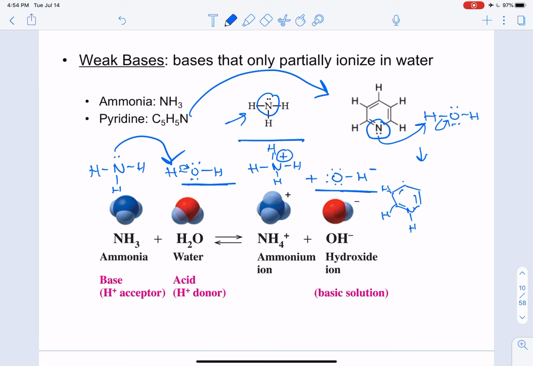And the ring will be exactly the same, except the nitrogen will pick up a hydrogen just like ammonia did, and so it'll have another bond and it will have a positive charge, and the other product will be hydroxide, OH minus. And if you increase the concentration of hydroxide in solution, you are a base. So it works exactly the same way as the ammonia does to cause this basic solution right here.